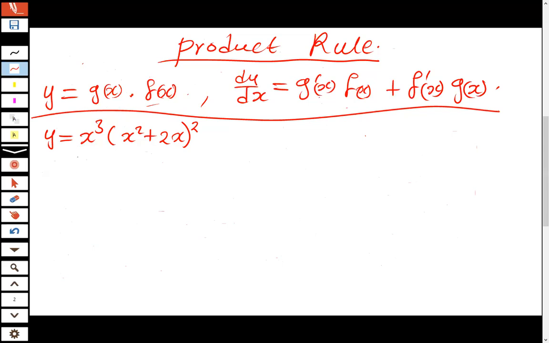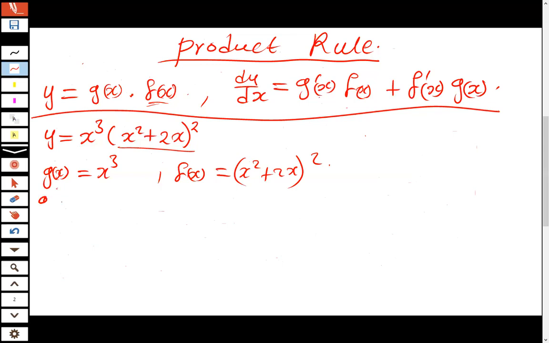Okay, so the first function that we have in this expression is g of x. So I'm going to call my g of x as x to the power 3. Then the other function I have, which is my f of x, is just going to be equal to this other part here, which is x squared plus 2x, then everything in brackets to the power 2. So differentiating the first function, which is to find g prime of x, you are going to get 3x squared.